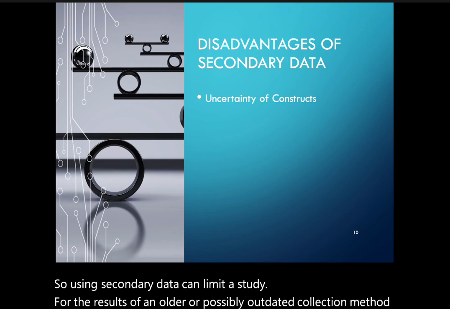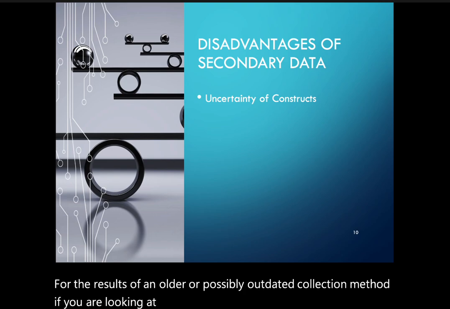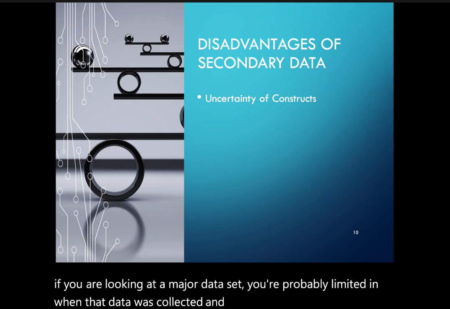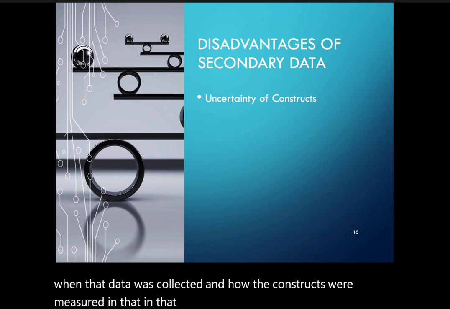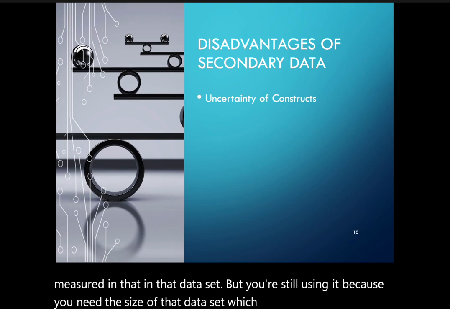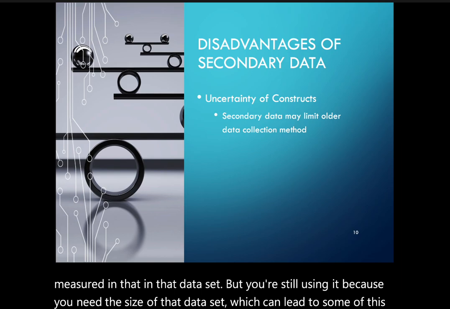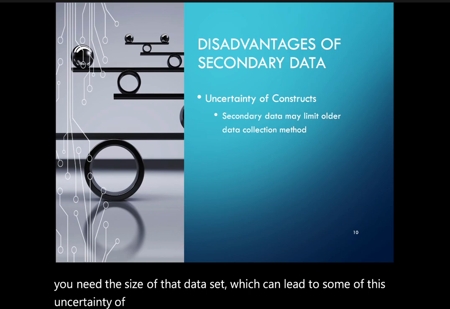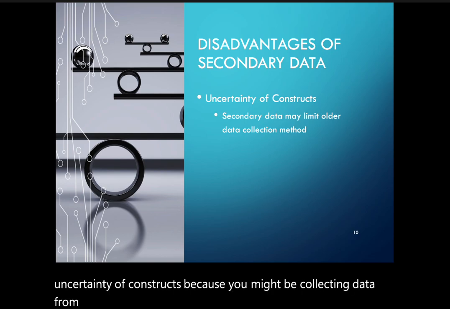If you are looking at a major data set, you're probably limited in when that data was collected and how the constructs were measured in that data set, but you're still using it because you need the size of that data set. This can lead to some uncertainty of constructs because you might be collecting data from a much older sample than you are hoping for.